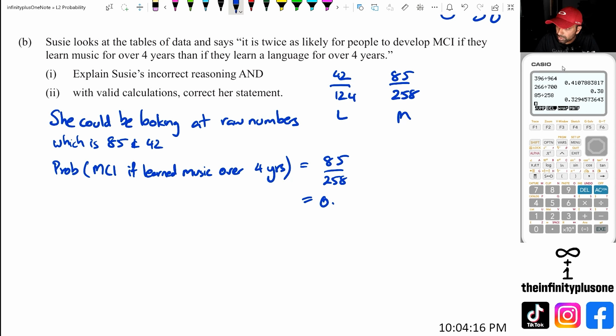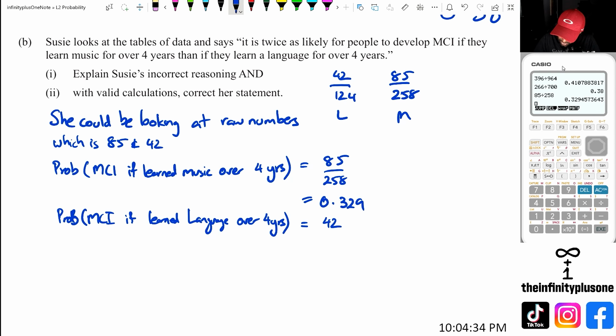That's going to be 0.329. And then the probability of MCI if learned language over 4 years, now that's 42 out of 124, which is equal to 0.339.